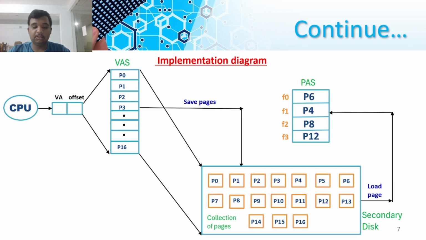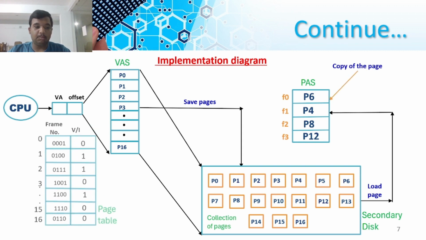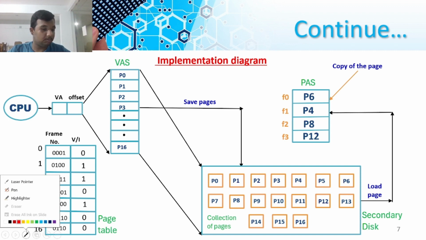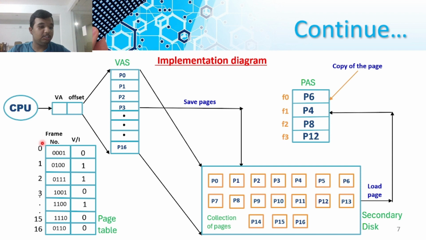When we execute the program, pages are selected in the main memory, and how the pages are selected we will see. We will require another table, the page table. In this page table, the first column is the page number, and this is the frame number.